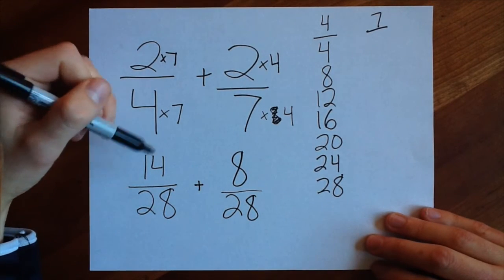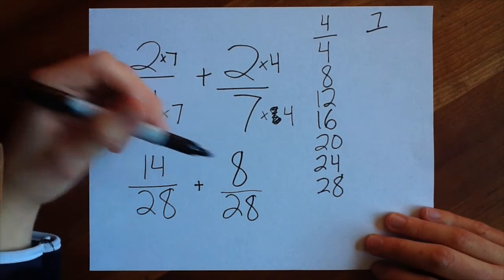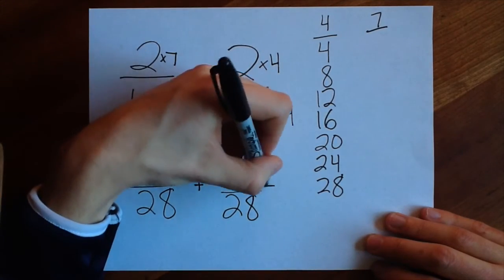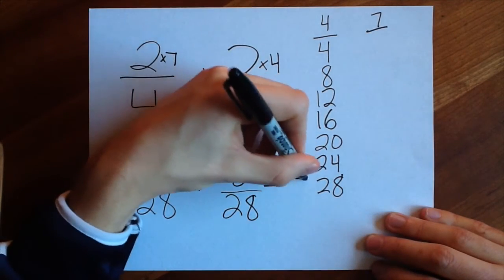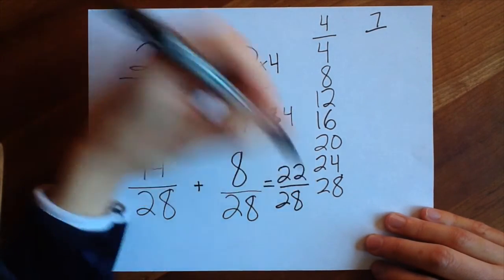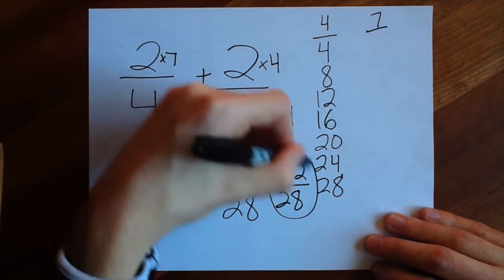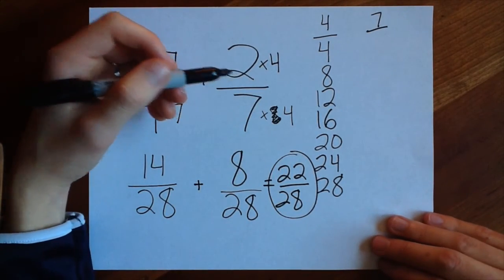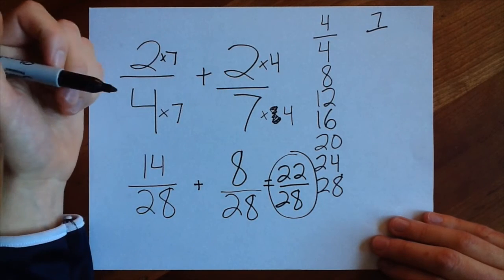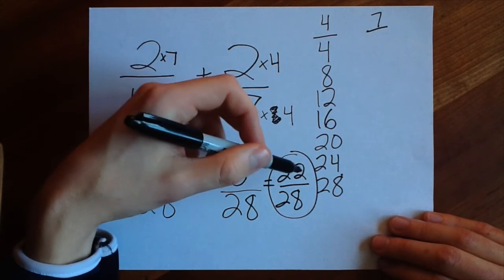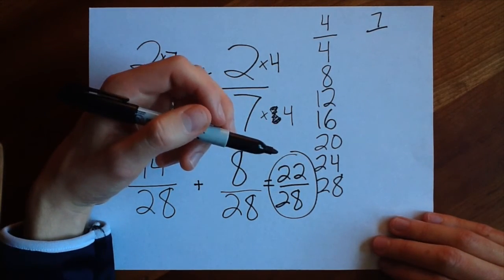Which gives us 14 28ths plus 8 28ths, giving us 22 28ths. Step 4 is reduce. Can we reduce? Yes, we can, since we have 2 even numbers.